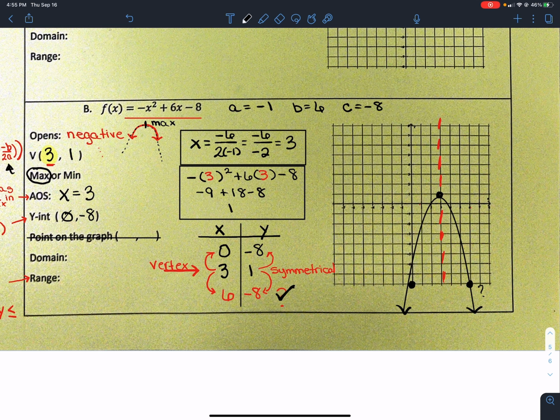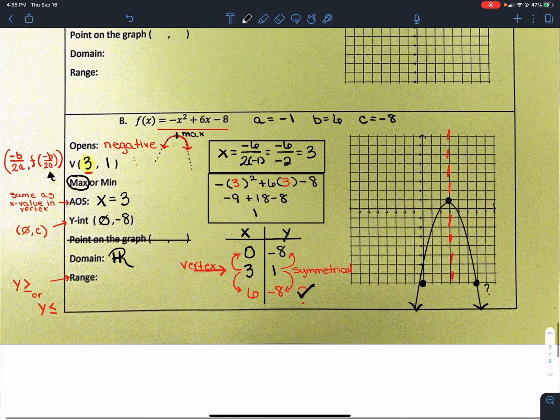The domain on this one, since there are no breaks in the graph and it does go left to right, is going to be all real numbers, whichever way you choose to write that, symbolically, negative infinity to positive infinity. The range on this one, we are going to have to use y is greater than or equal to, or y is less than or equal to.